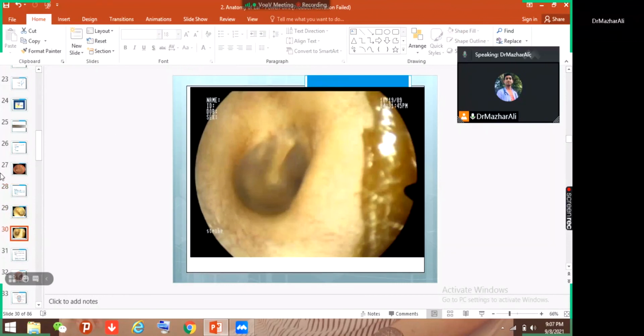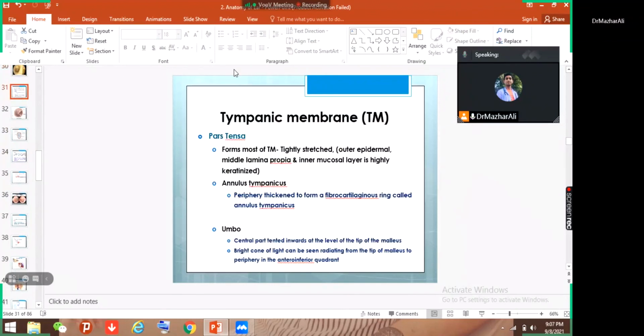Now let's talk about the tympanic membrane parts. It's made up of two parts. The pars tensa forms most of the tympanic membrane, is tightly stretched, and is made up of an outer epidermal layer, a middle lamina propria, and an inner mucosal layer. The inner mucosal layer faces toward the middle ear, and the outer faces toward the external ear.